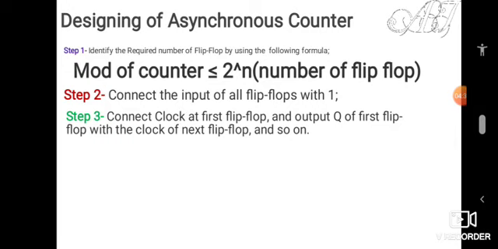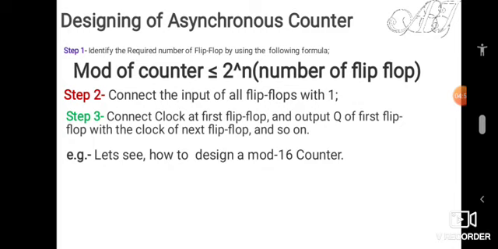The clock of these subsequent flip-flops will be connected with the previous output. So the clock of the first flip-flop will be connected to the clock, and the clock of the second flip-flop will be connected to the output of the first flip-flop, and so on.